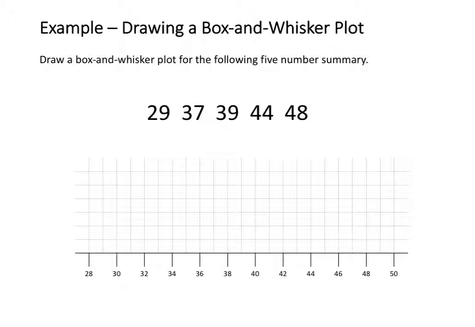So now that you have drawn the scale, you'll note that my scale has a straight line and evenly spaced intervals between each of my numbers. So the same space between 28 and 30, 30 and 32, and so on. It is important that the scale is accurate when you are drawing your box and whisker plots.